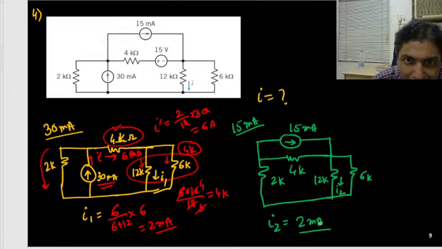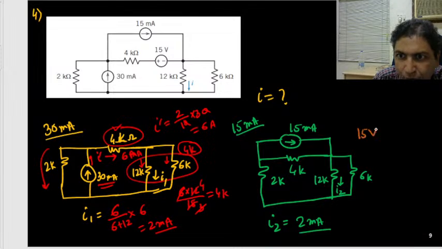Now the last one. This 15 volt source is acting alone. How can you solve this problem? So now the 15 volt source is acting alone. What is the circuit? I am drawing the circuit.